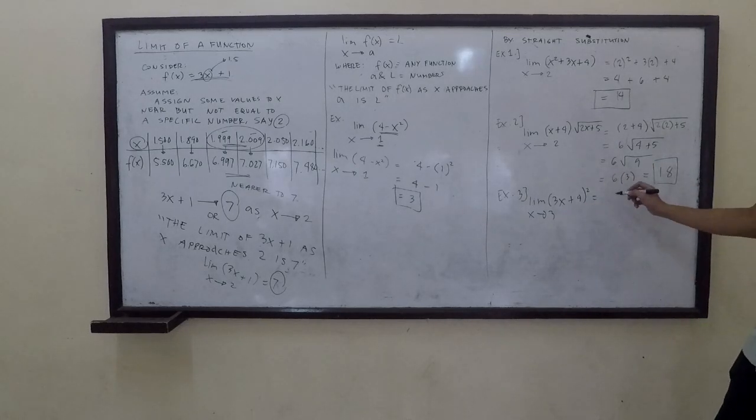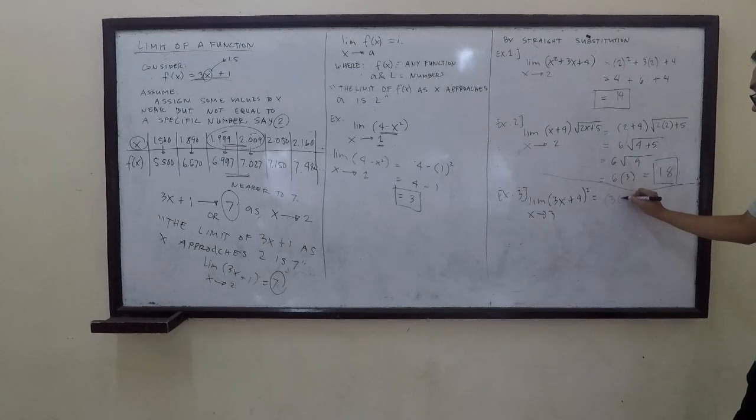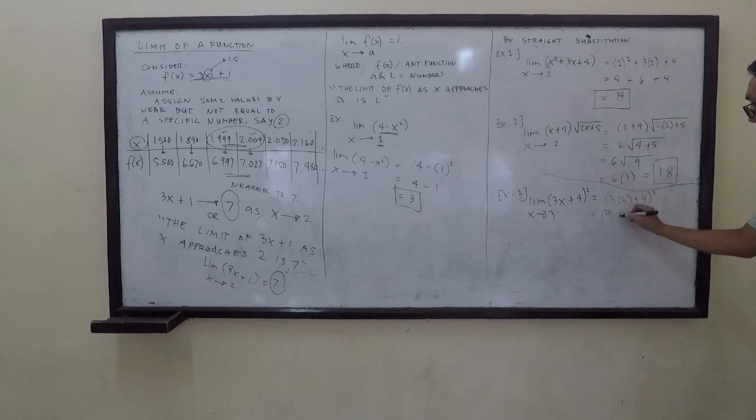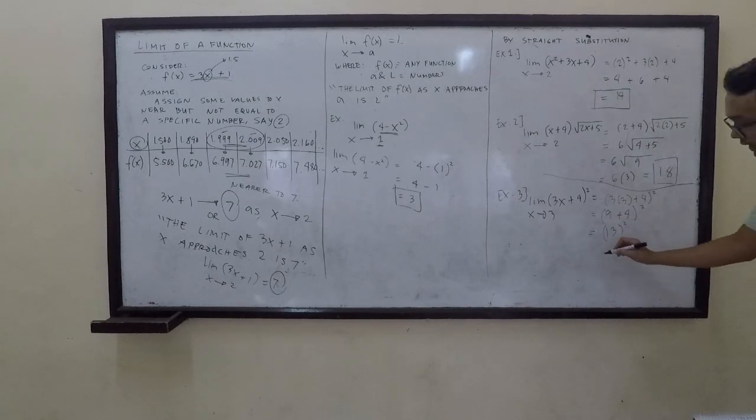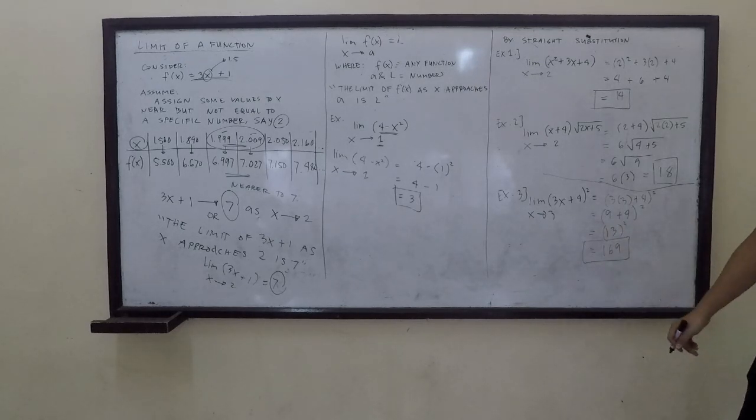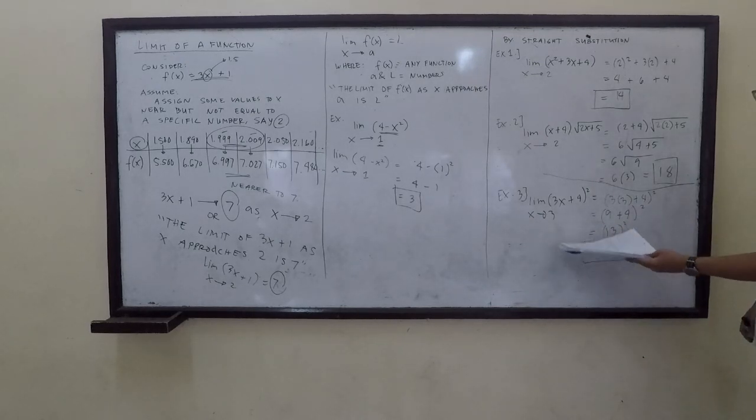So this is 3 times 3 plus 4, raised to 2. This is just 9 plus 4 squared. This is just 13 squared, and 13 squared is 169.